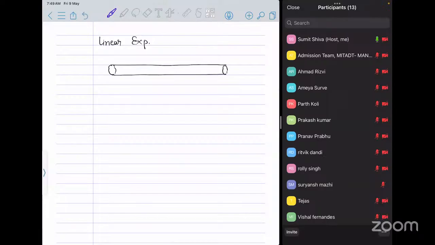That's why we are calling it linear and 1D. Otherwise, it has to be 2D, because there has to be some width definitely. But we are saying that the length of the material or length of the wire or conductor or rod is very large as compared to its thickness.